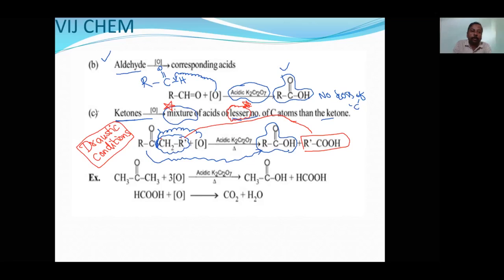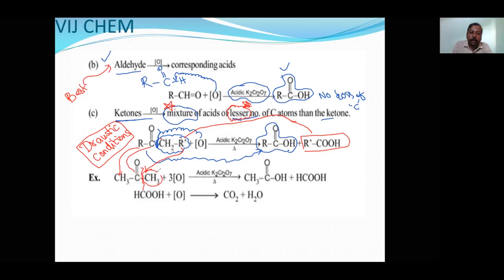So the best way is to use aldehyde out of the carbonyl compounds. Now for this example, here R dash is what? CH3, and R is what? Again CH3. This C is common. So it will break like this.